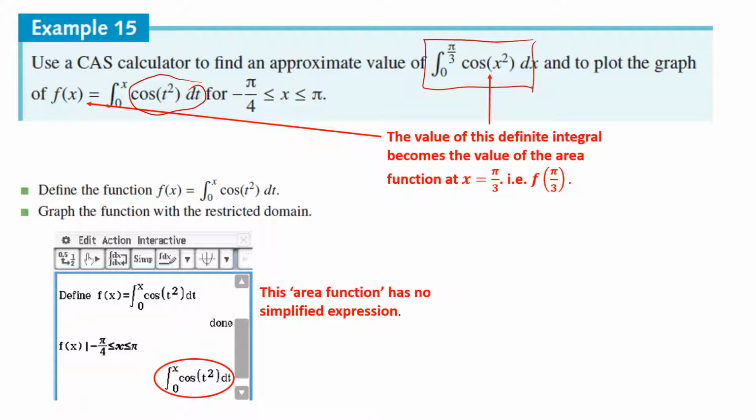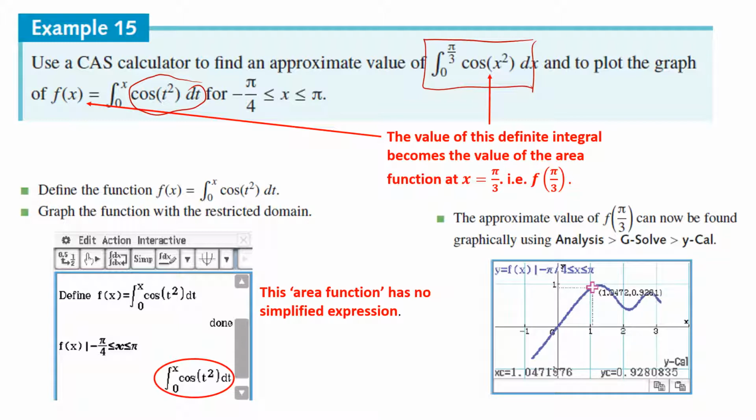Now, when we do graph it, we set that particular rule into our graphing screen. We get a function like that, an interesting looking function. And if we type in x equals pi on 3, which as you can see there is approximately 1.047, we can use our gsolve and ycalc to determine the approximate y value, and you've got 0.9281 it looks like, or 6181 I think.